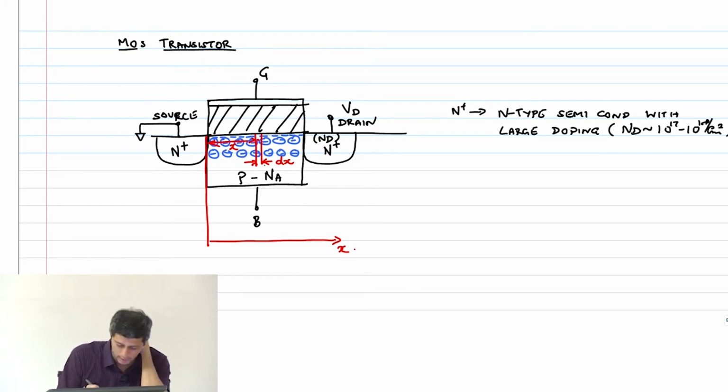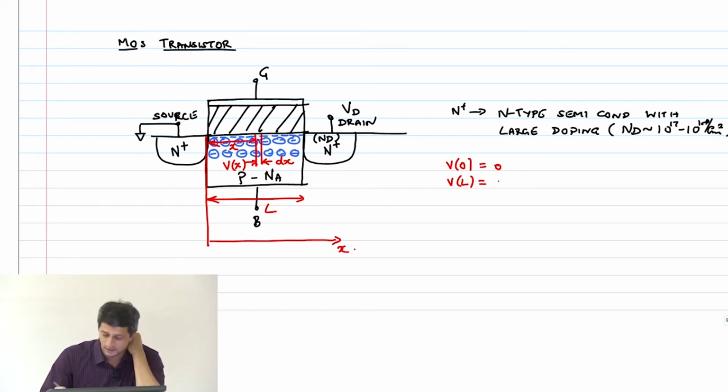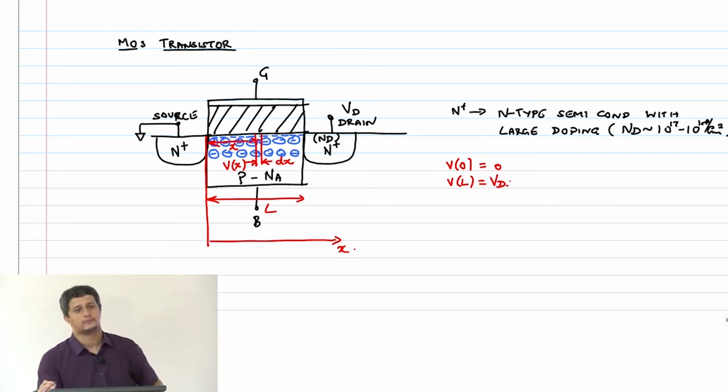I am going to call that potential V of X. So what is V of 0? Yeah, 0. V of L, where this is L, as usual, it is Vd.